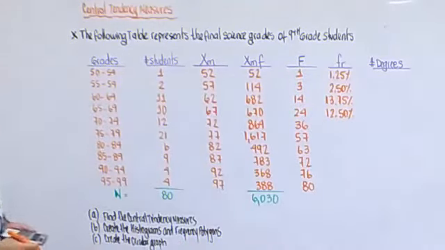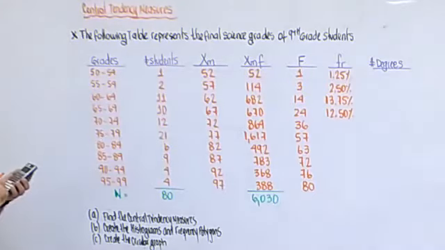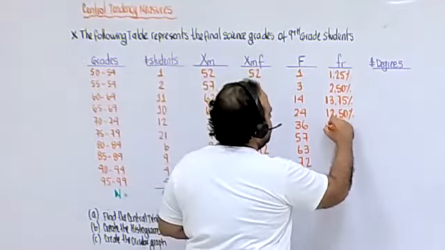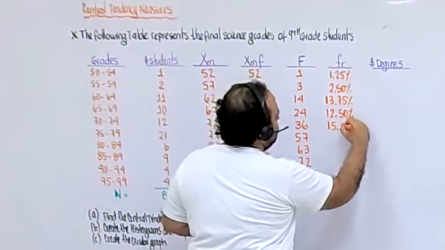12.50%. Next one, 12 divided by 80 times 100. The answer will be 50%. Okay, I mean 15.00%.